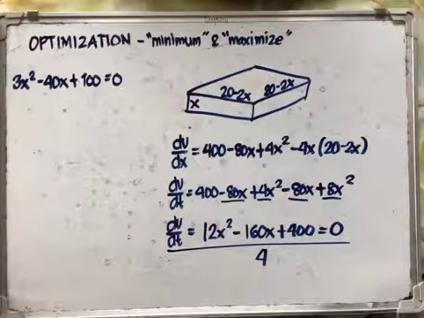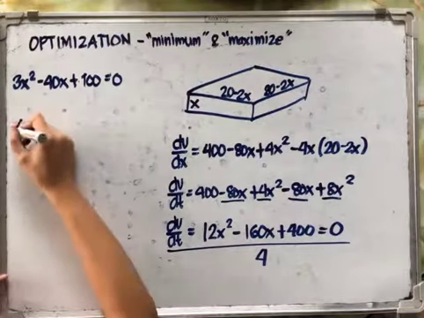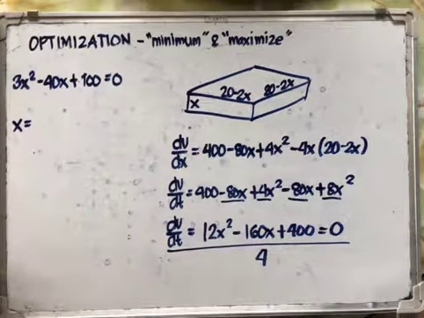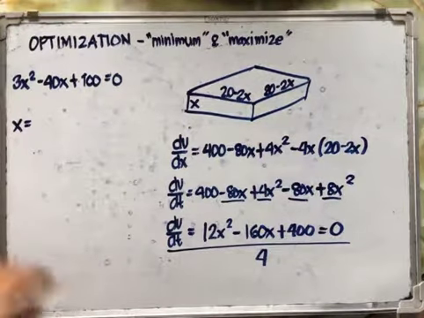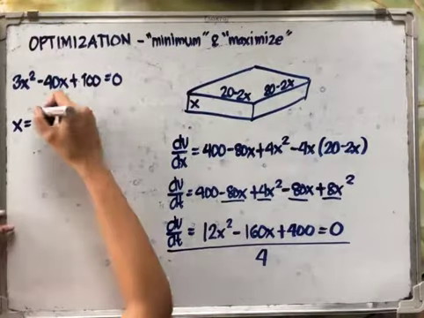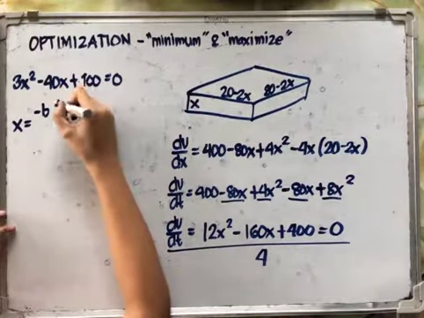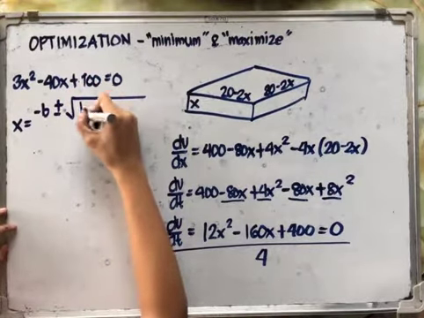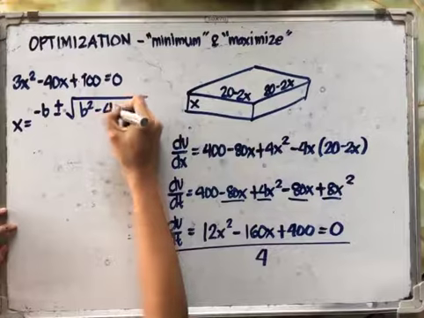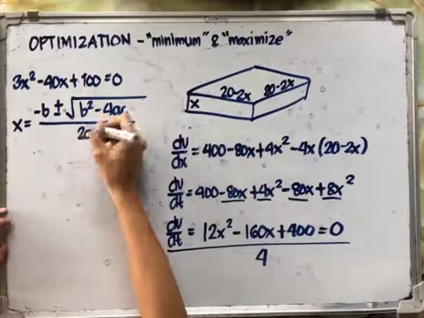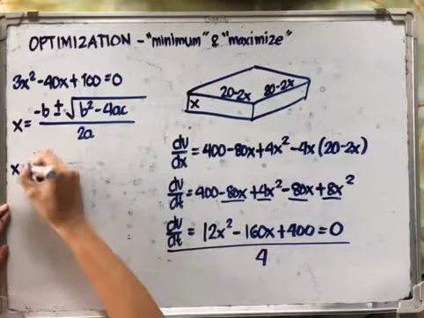Okay. So, assuming that you don't have your calculator to compute for the roots of this one, you need to go back to how we used to compute it using our, how do you call this equation? Your quadratic equation. So that's negative b plus minus square root of b squared minus 4ac over 2a. That's x.